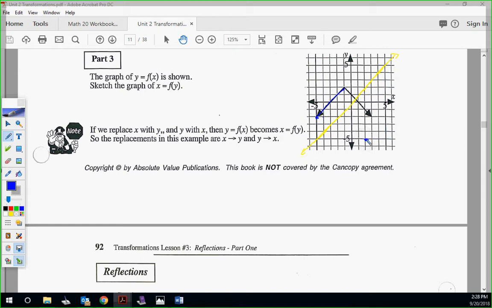And then let's do this one, (-4, -1), so (-1, -4). Oh, I'm on the wrong side. So (-1, -4) and (-2, -5). That's better. So it's going to go like this.